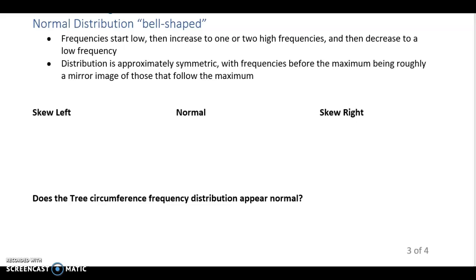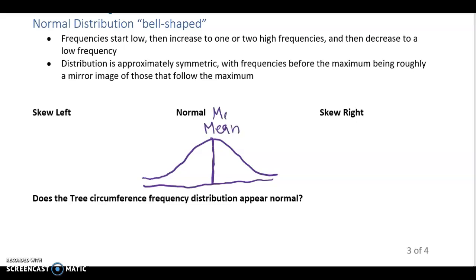In a normal distribution, you'll see in the middle here, if we had a line, it will go up and then down. Now this is a little bit beyond this chapter, but this middle will be roughly the mean of your data, and your mean and your median will fall in the same place for a normal distribution.